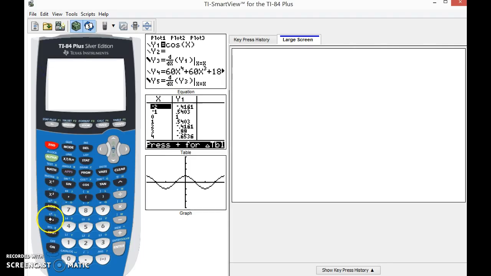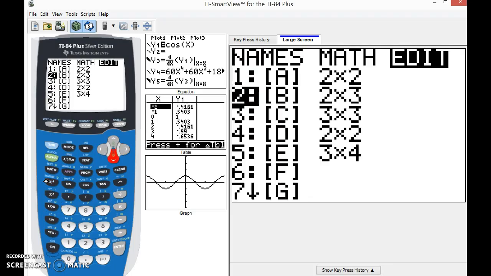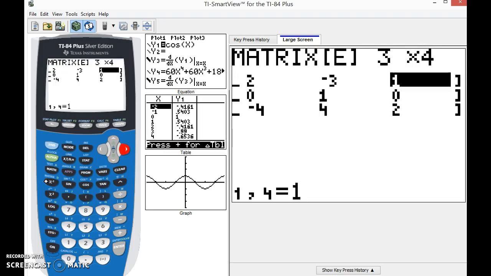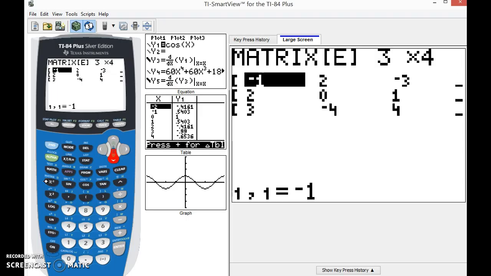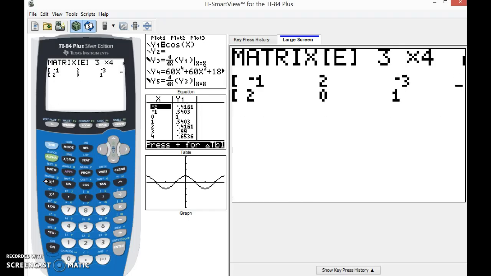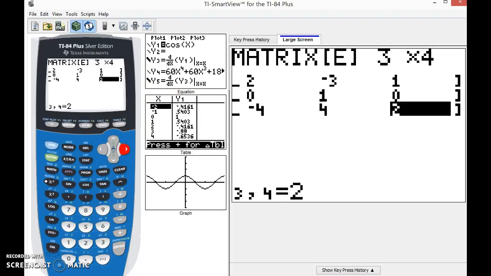And then the last one, for matrix E, what I had asked you to put in on your note sheet was a 3 by 4. And so it was negative 1, 2, negative 3, 1, 2, 0, 1, 0, and 3, negative 4, 4, 2.